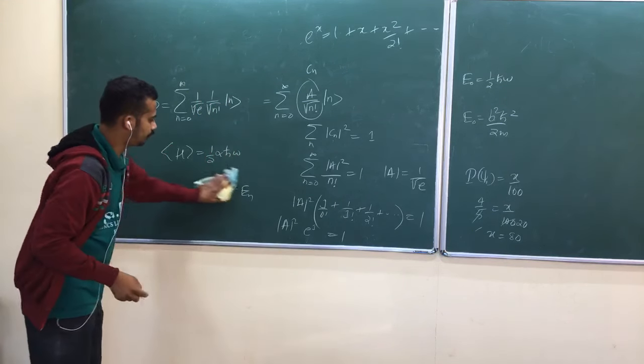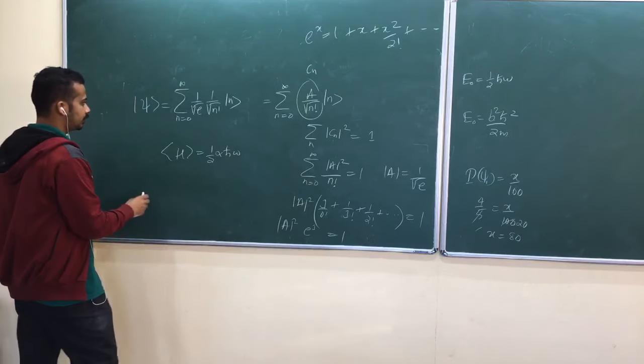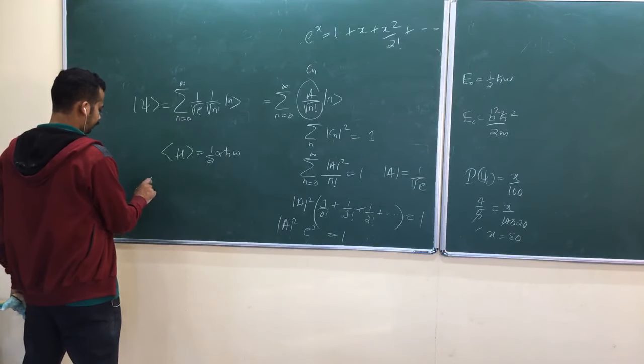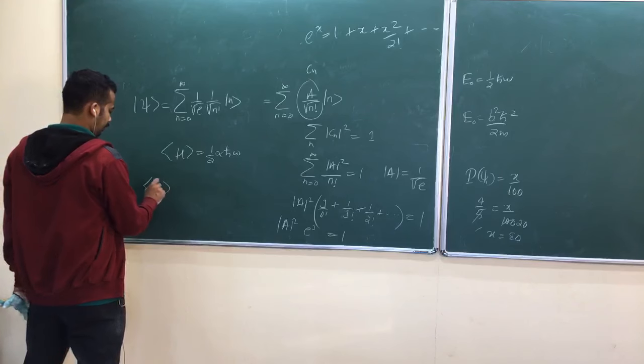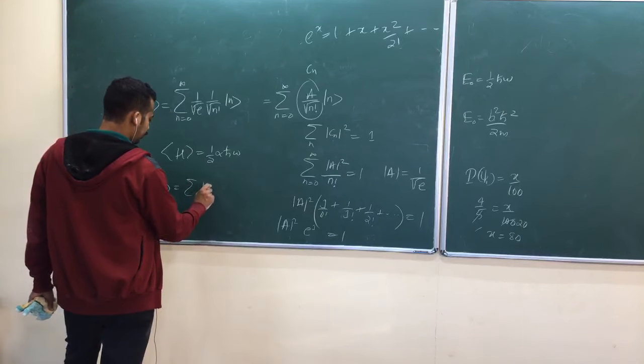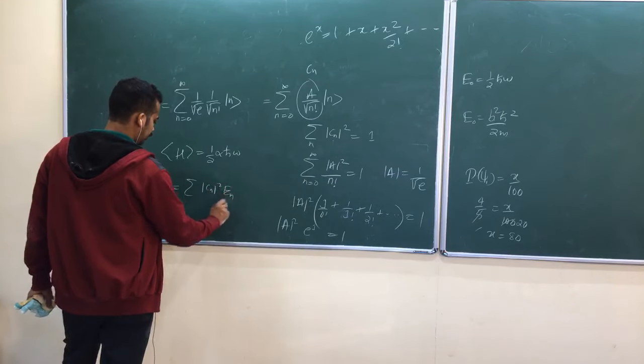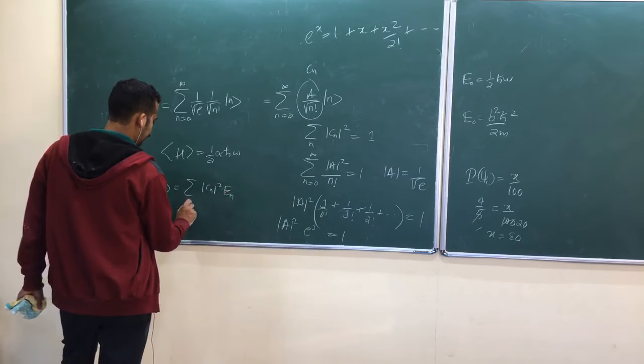Now you can equate that one to this one, isn't it? Now, how do you write? Is equal to summation over mod c n square into E n, n equal to 0 to infinity.